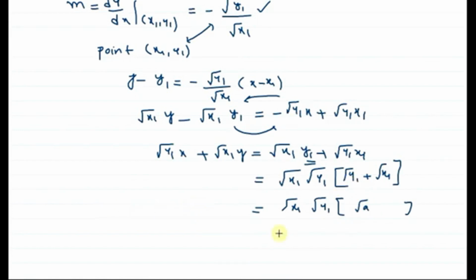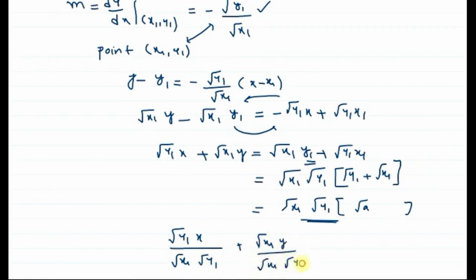Use this result in the given problem. Now divide both sides by the right hand side term. Root y1 x divided by root x1 root y1, plus root x1 y divided by root x1 root y1, is equal to root a.